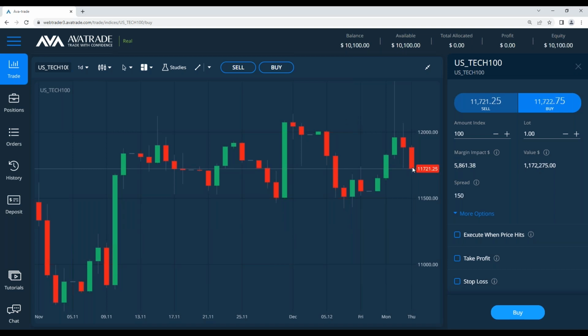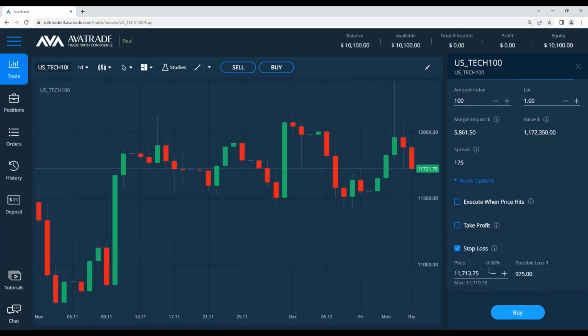Let me just show you. Now we are with a buy. So if it goes any further, if it goes $10 down, what will happen with my capital? I will lose $2,000. And that's a big problem for an account with 10,000, because almost 6,000 went just to hold a position, and with 2,000 lost, it brings me to a very big problem.